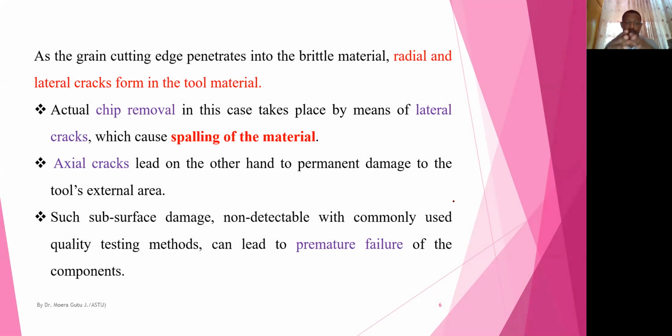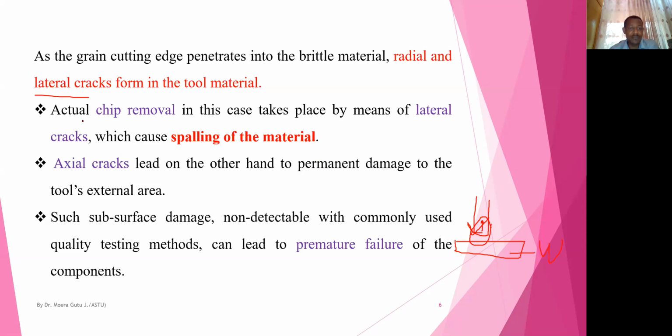So when a high cutting load is applied on the workpiece material, there may be a formation of lateral cracks in the tool. Okay, so if this is a tool, a crack may start in the tool material because of the hardness of the workpiece material.